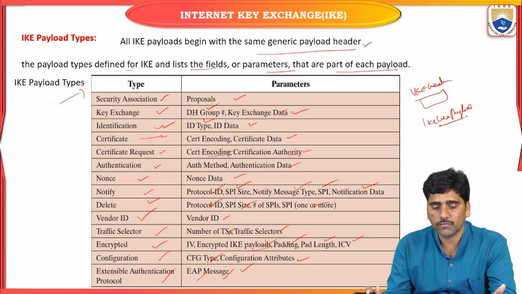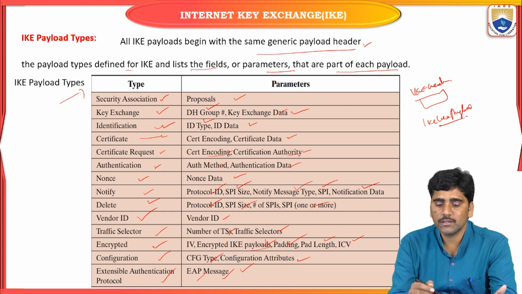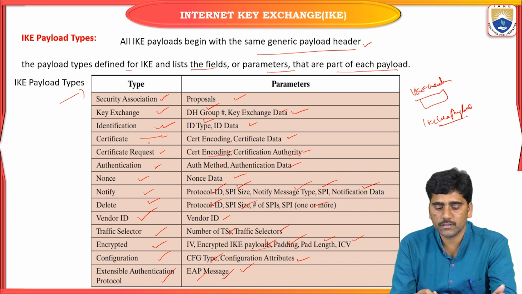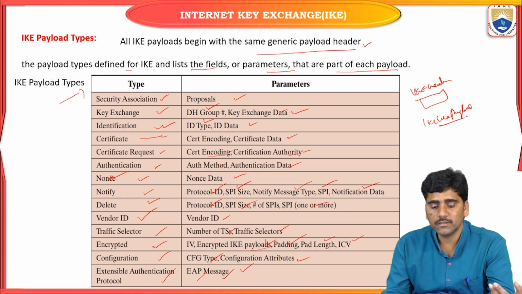So what are the different types of IKE payload types? All these IKE payload types contain different parameters: security association, key exchange, identification, certificate, certificate request, authentication, nonce, notify, delete, vendor ID, traffic selector, encrypted, configuration, and extensible authentication protocol.